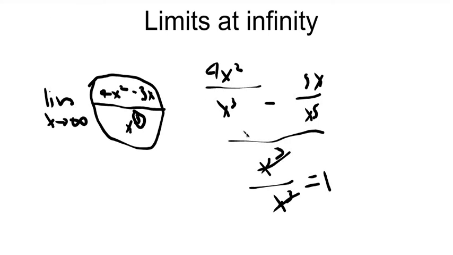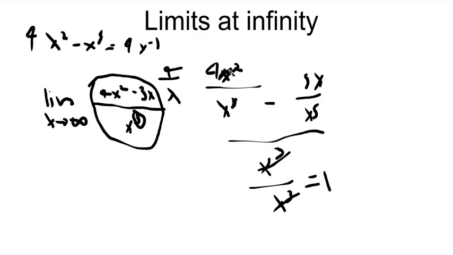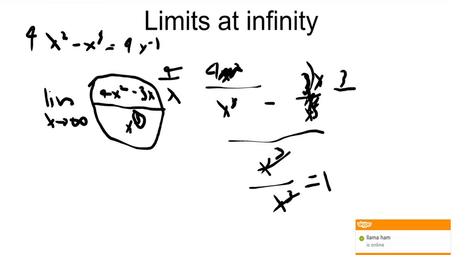This would be the same thing as x squared over x cubed, so it should be 4 divided by x. And for 3x over x cubed, same concept, which would make it 3 divided by x squared.